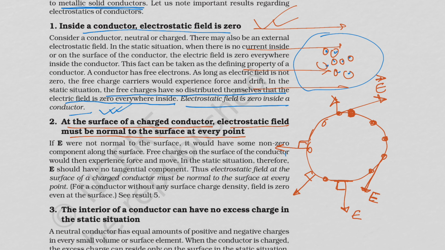Because of that force there will be movement of the charge, and when the charge moves it will not stay static, which contradicts the whole concept that this is electrostatics of conductors. That's why we can say that at the surface of a charged conductor, the electrostatic field must be normal to the surface at every point.